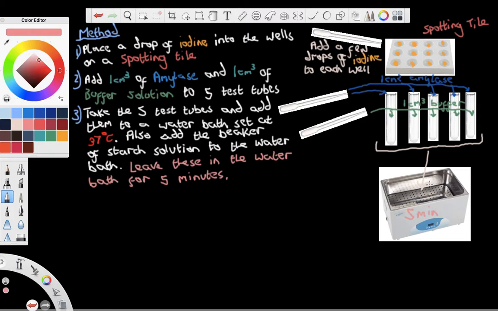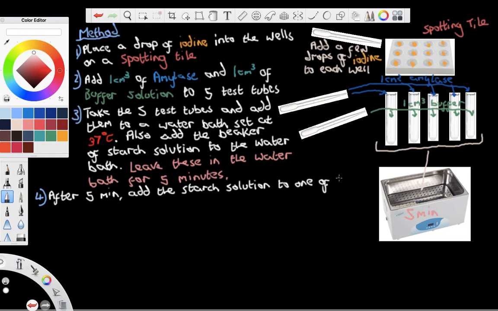Okay, so number 4, after 5 minutes, add the starch solution to one of the test tubes but keep them in the water bath.